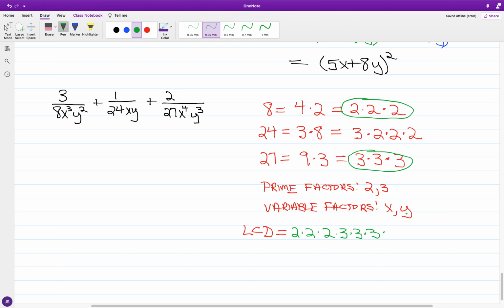And for the letters x and y, you're taking the highest degree representation of x among the fractions. You have to the third, to the first, to the fourth. So you have x to the fourth, and for the highest degree representation of y among the 3 ratios, it's going to be to the 3rd power.